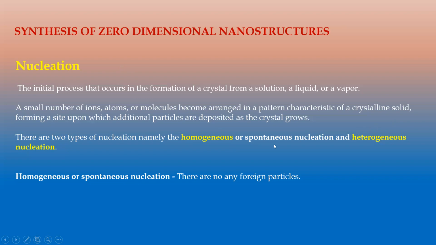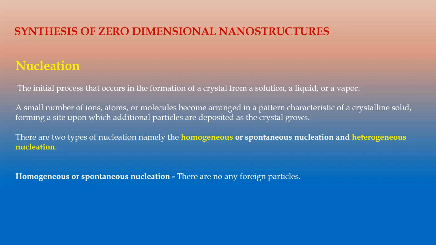But in the case of heterogeneous nucleation, we add another particle, that is, a foreign particle, to our solution. Let's consider solution growth. We have the solutions of the precursors, and we add any foreign material or a seed of the crystal, a fundamentally very small, tiny single crystal, to it.